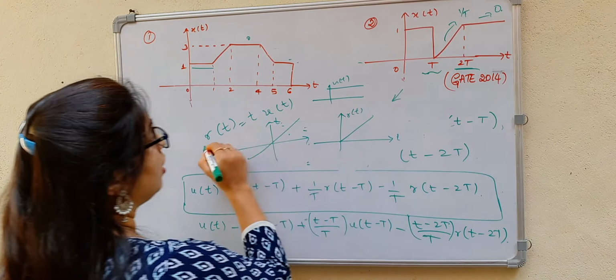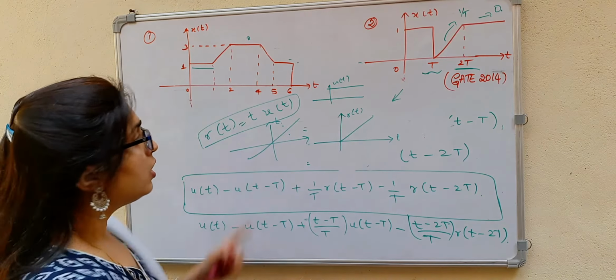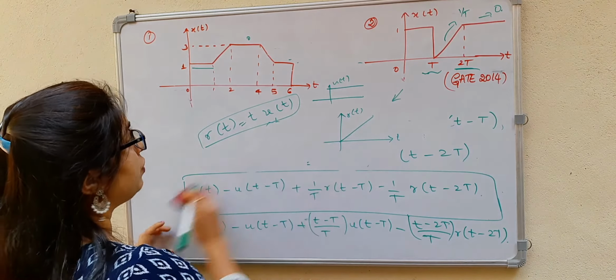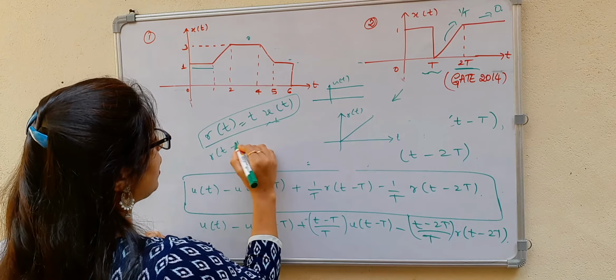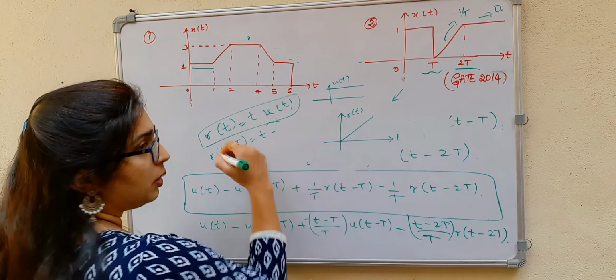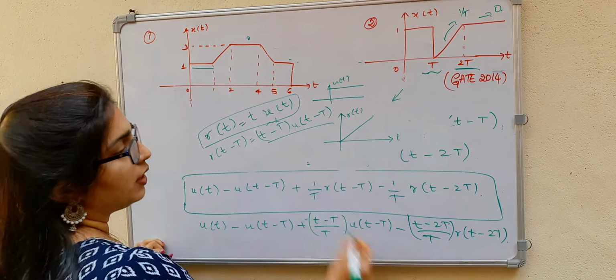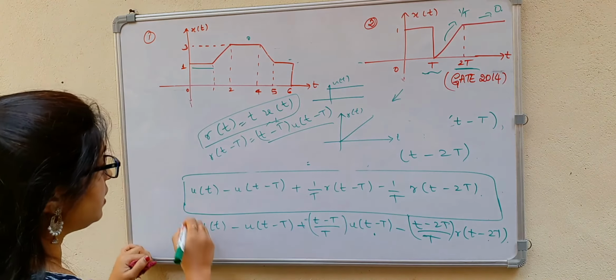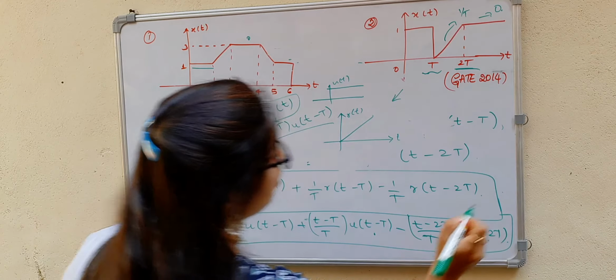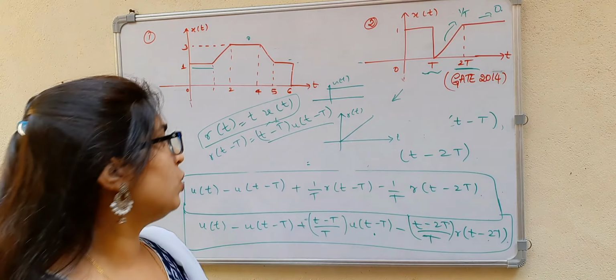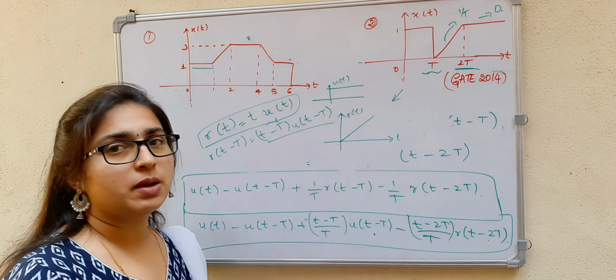So if you have the shifted version r of t minus t, that means replace all the t by t minus t. That is what I have written here. This is in terms of unit step function. This is as the combination of ramp and unit step function.